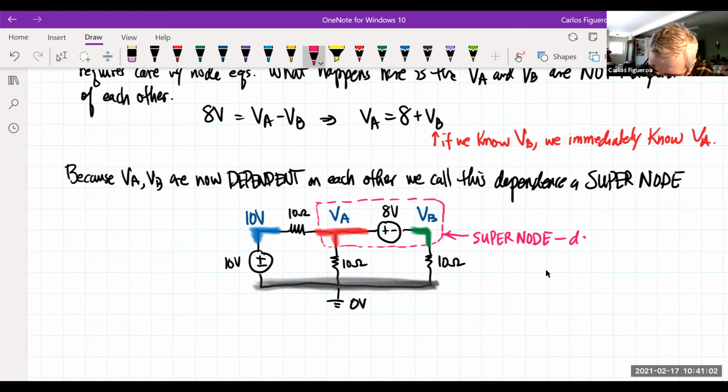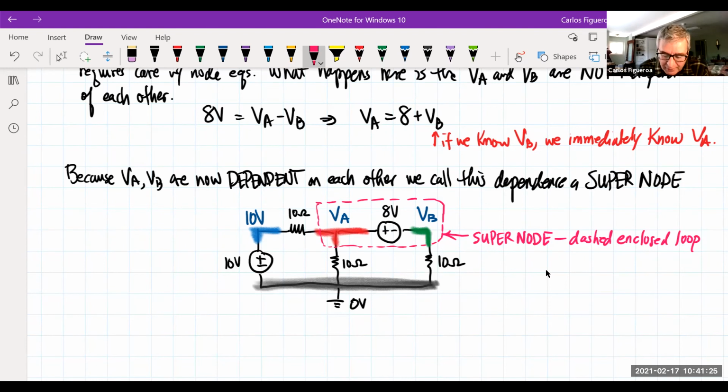And we use dashed enclosed loops, a dashed enclosed loop. And that signifies that these two nodes are not independent, but they're connected to each other here.